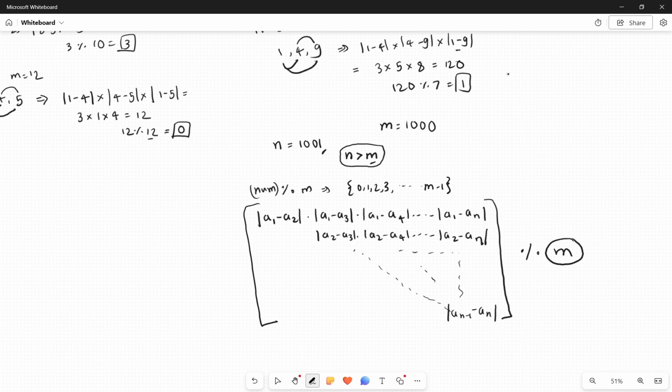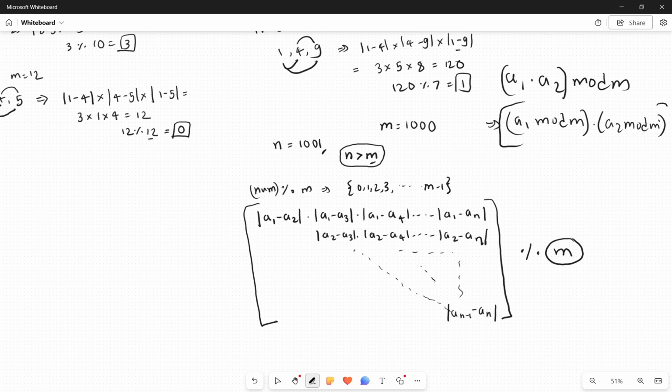So we know that from the properties of mod, a1 dot a2 mod m, whole mod m can be written as a1 mod m into a2 mod m whole mod m. Okay, this is the property of modulus. So we can take this m inside to all of these moduluses.